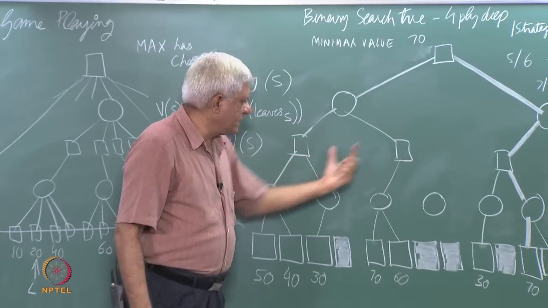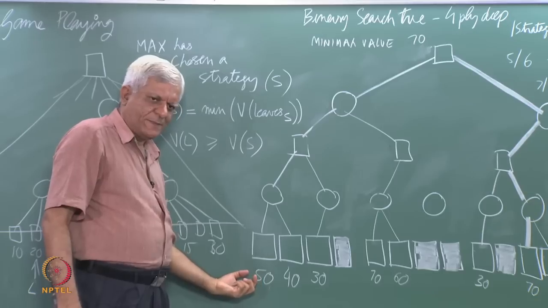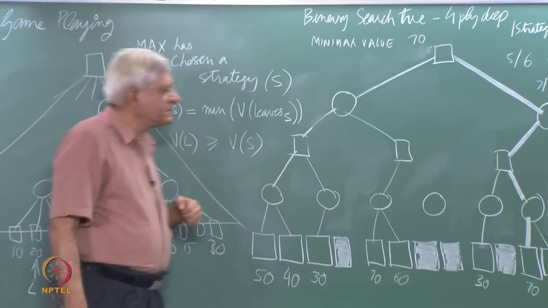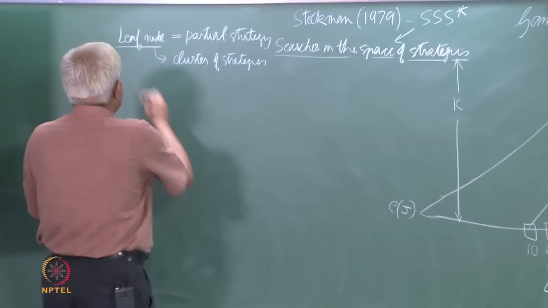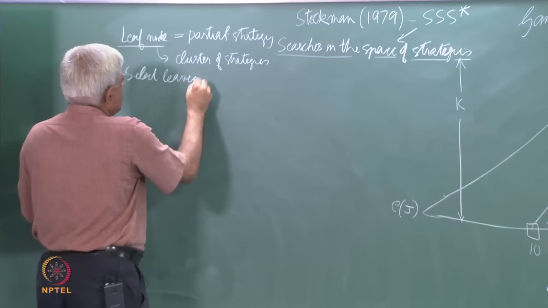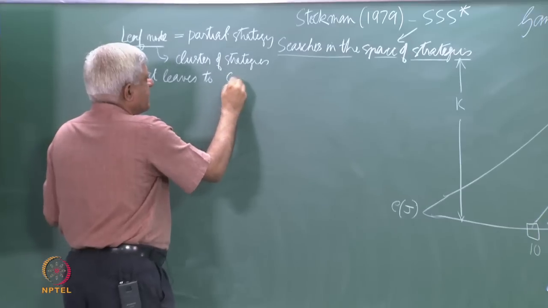So, those are the 2 strategies this particular node 50 represents, and this 50 would be an upper bound on both those strategies. So, what we need to do is to select leaves to cover all strategies.